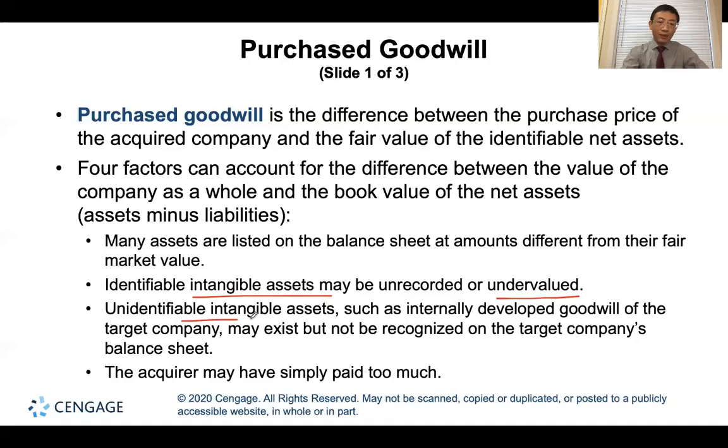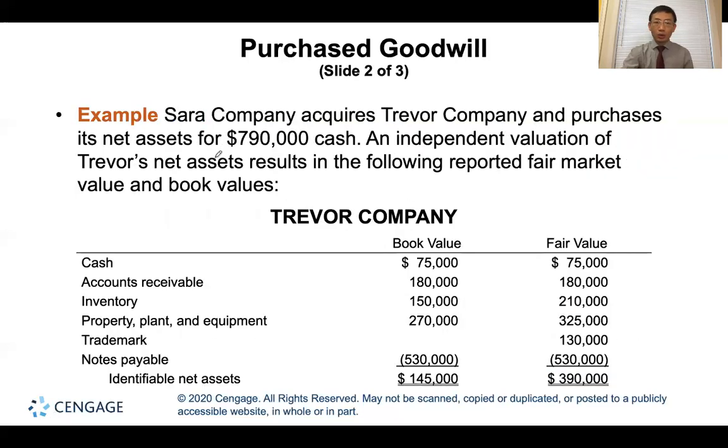Also, some unidentified intangible assets go directly into expense and don't appear in the balance sheet. So you need to pay more than the book value to buy the company. And there are some other reasons, maybe the acquirer wants to pay more. That happens. If so, we need to recognize the purchased goodwill.